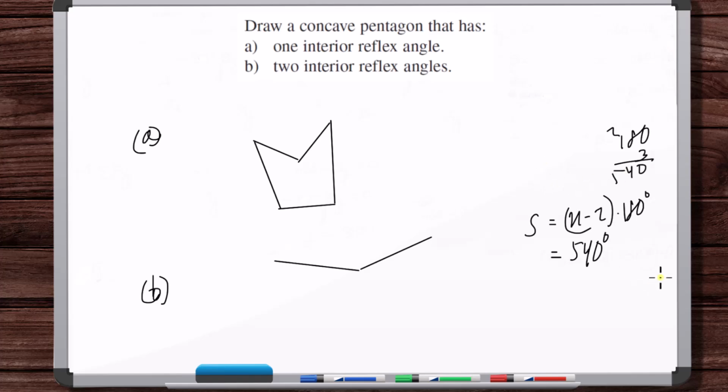So at best, for the other three interior angles, if we subtract 360 from 540, we have 180. So I guess you could do that. 180 divided by 3, each one is 60 degrees.